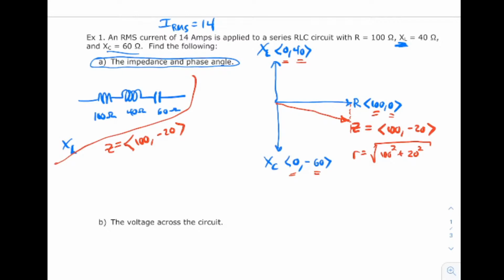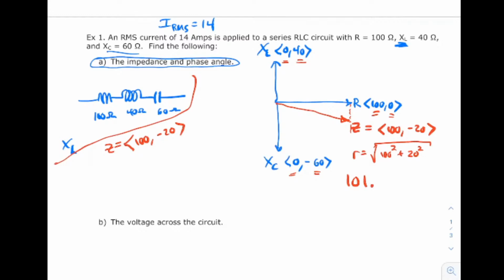Let's see what I got here. 100 squared plus 20 squared equals, square root of the answer equals SD button. Whoa, I lost it. Okay, 100 squared plus 20 squared equals, square root of the answer equals SD equals, okay, there we are. 101 point, how many decimals do I want to play with here?